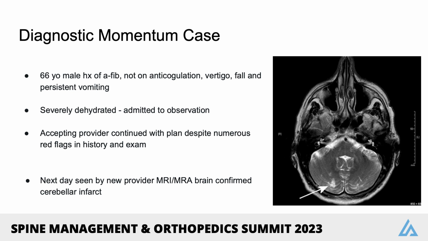The accepting provider in the observation unit continued with the plan despite numerous red flags in the history and exam. And I think this is important because in medicine, especially when a provider with a higher level of training, education, or position of authority has assigned a diagnosis, someone with less is much less likely to question that and to be thoughtful.